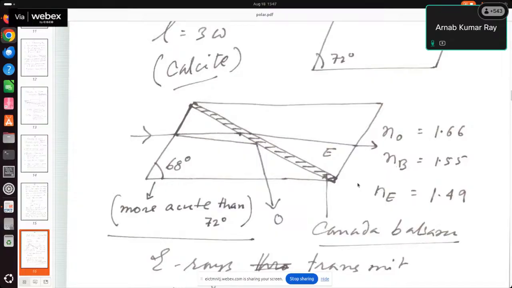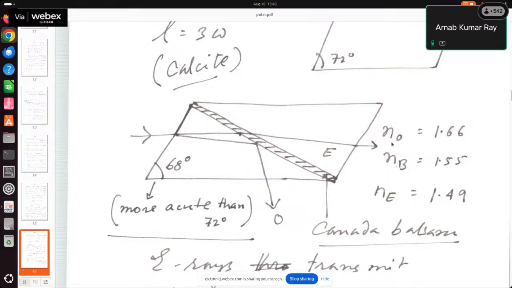So, if light goes from an optically denser medium to an optically rarer medium, then light undergoes this phenomenon known as total internal reflection.